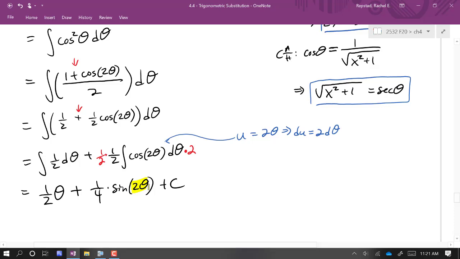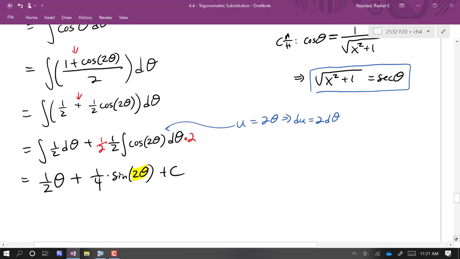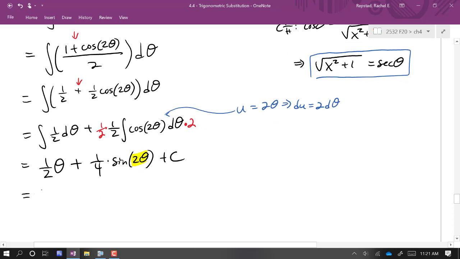We have a triangle with an angle of theta. So I've got to convert that second term into an expression that just uses theta. And we can do that using the double angle formula for sine. Sine of 2 theta is 2 sine theta cosine theta.